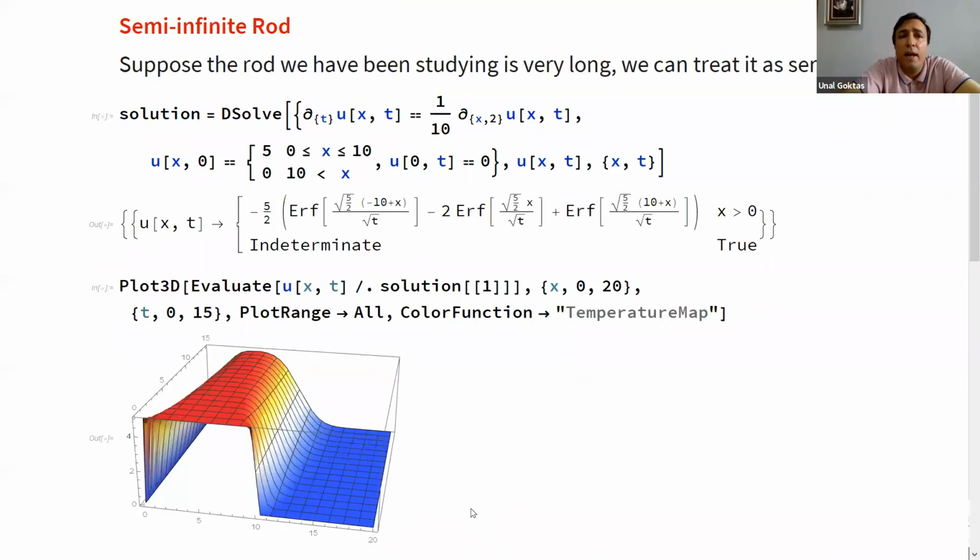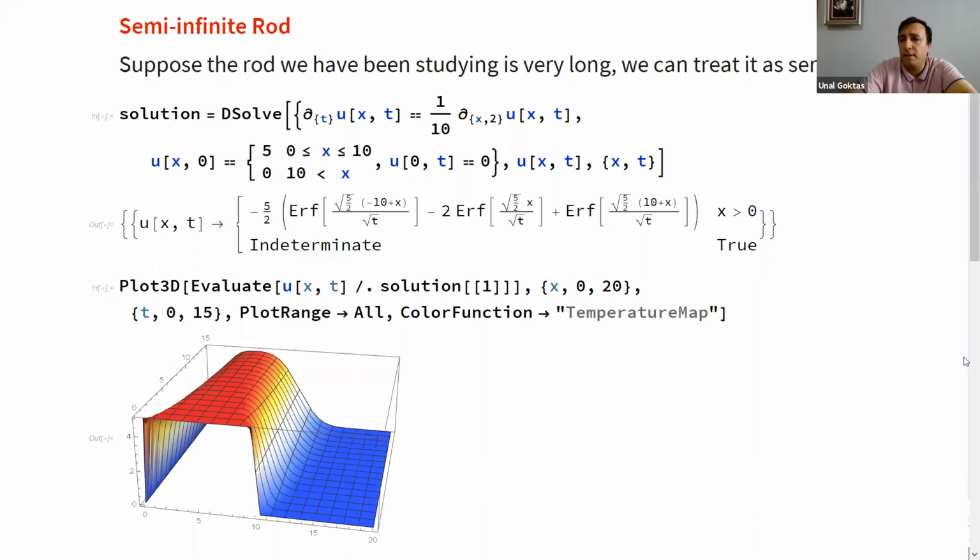Okay, this time we have a semi-infinite rod. Suppose we have a very long rod, so we can treat it as semi-infinite. In this case, we just have one boundary condition at the starting x value. So the solution is returned in terms of the error function.